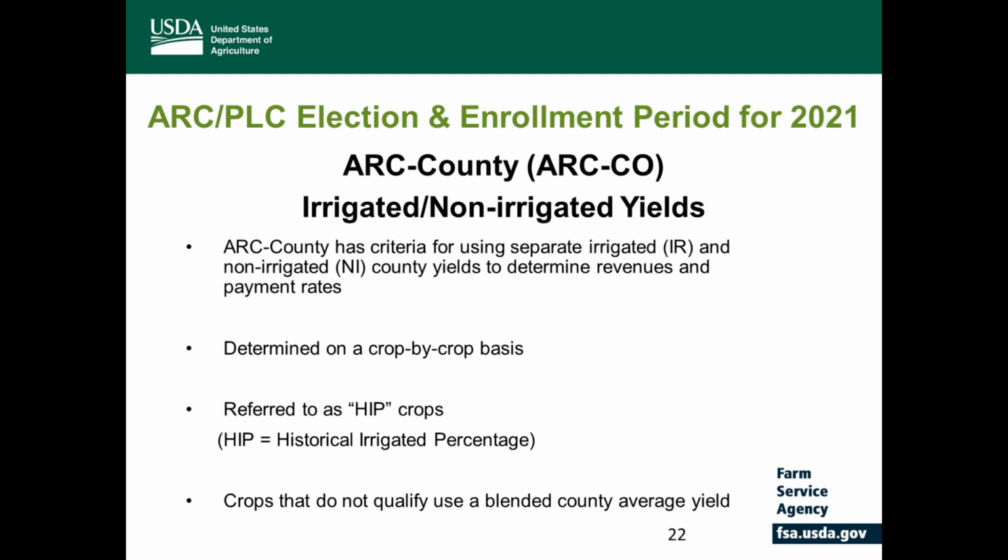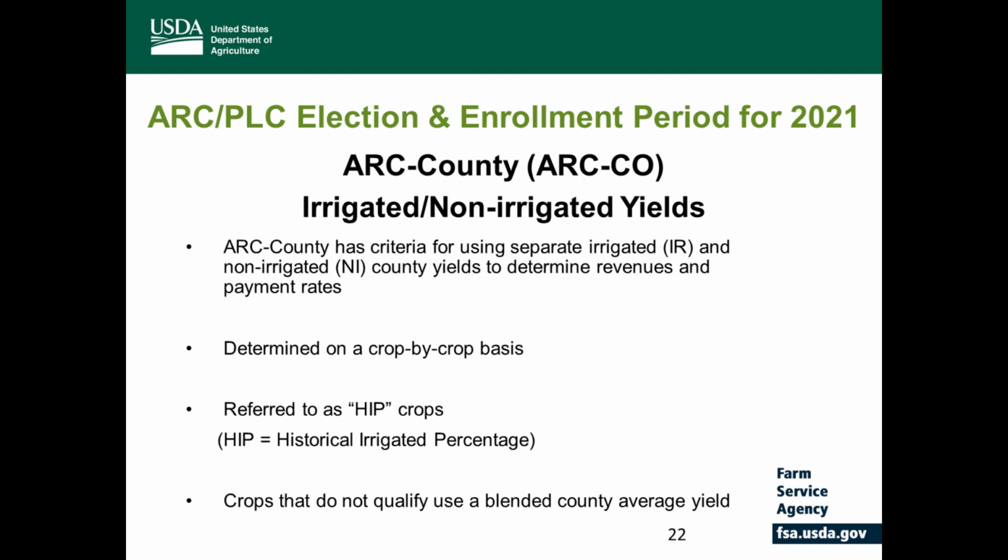So under the 2018 Farm Bill, there were more counties and crops added for separate irrigated and non-irrigated county yields to determine revenues and payment rates for ARC County. HIP counties and crops were determined on a crop-by-crop basis by the national office.